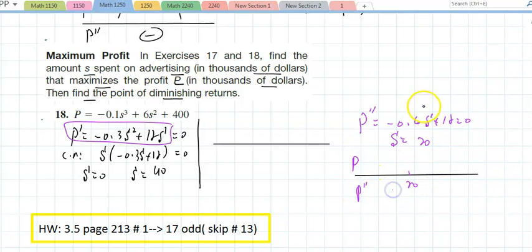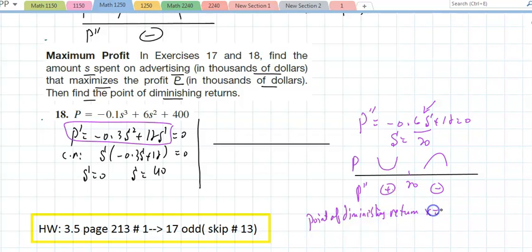If I pick 1, negative 0.6 plus 12 is positive. If I pick 100, negative 60 plus 12 is negative. So we have the point of diminishing return is really when s equals 20.